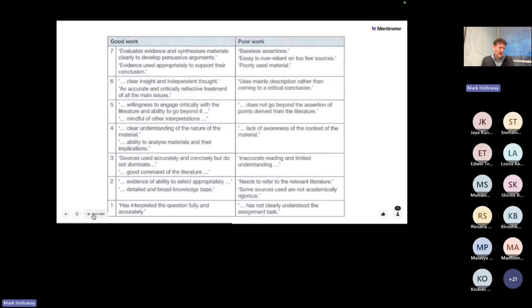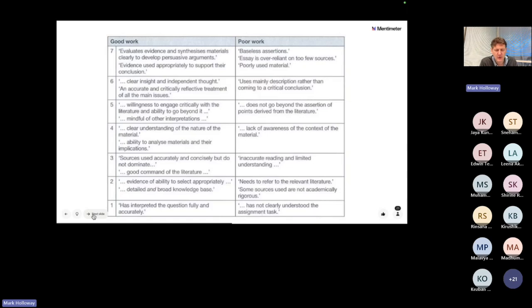On the left-hand side of this table we've got the numbers 7, 6, 5, 4, 3, 2, 1, descending from the top. On the left, we have comments that have been made on good work, and on the right, comments that have been made on poor work, as in work that maybe doesn't pass or doesn't give you the grade that you want.